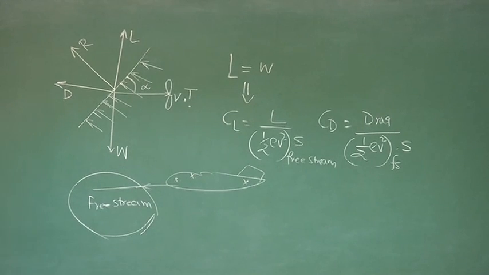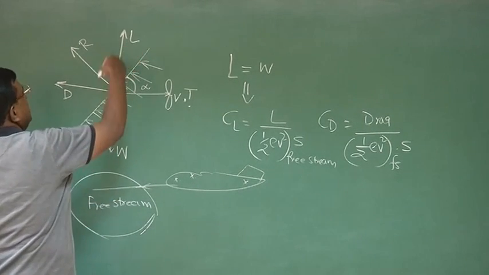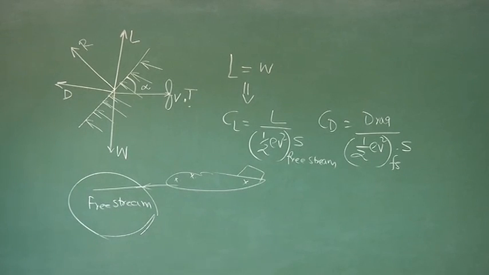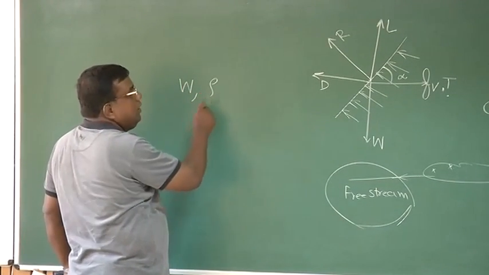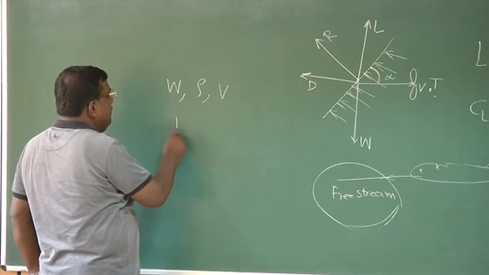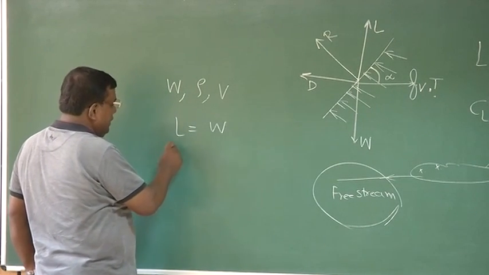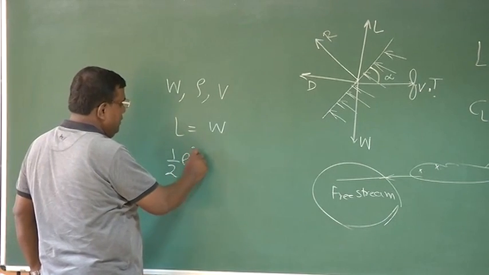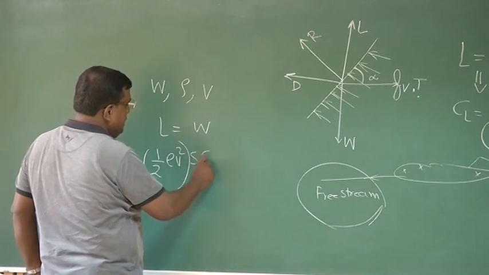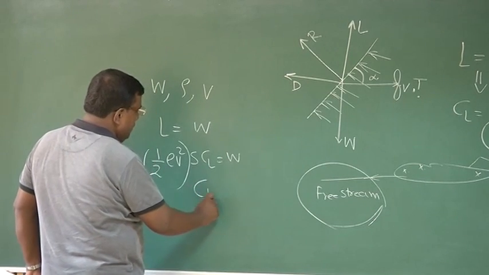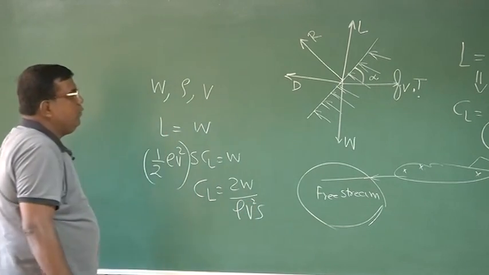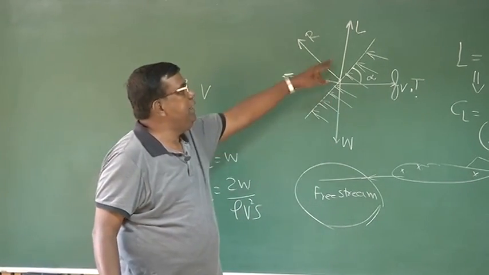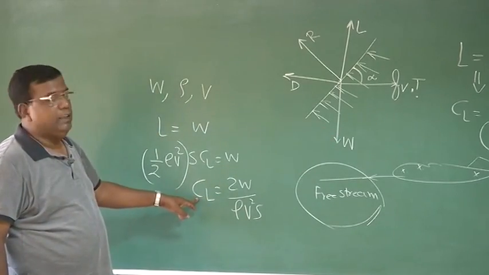Now let us see. If I want to fly a machine, and if I decided to operate in terms of CL, then for a given weight, given rho, the given altitude, and given speed, the lift is equal to weight, and lift is nothing but half rho v square S CL equal to weight, or CL equal to 2W by rho v square S. So for a given weight, if I want to maintain lift equal to weight, I must fly at this CL.